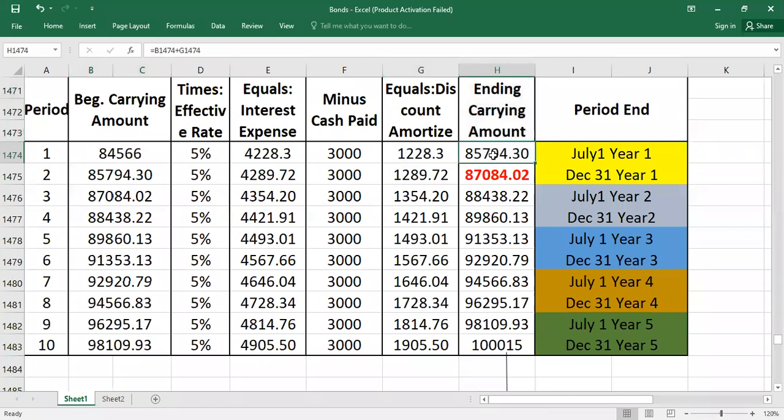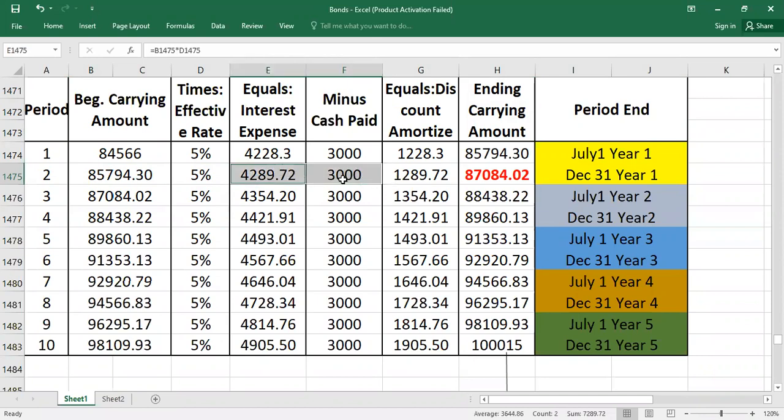Please note, this carrying value you will get at the end of the first 6 months. Like I'm assuming July 1 year 1. So this carrying value will be the beginning for the next period. Again I will multiply with the 5%, so I will get interest expense. But actually interest paid is 3000.